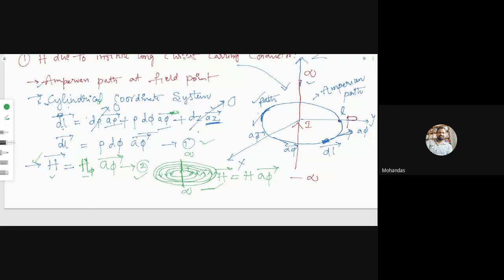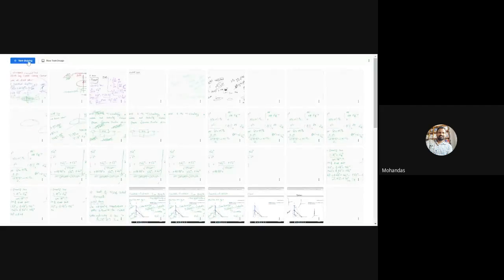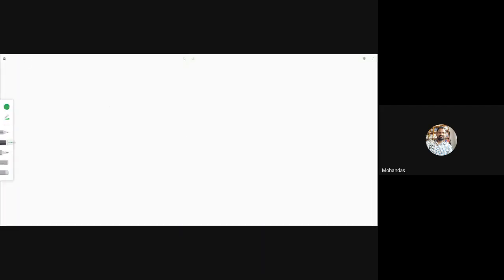Okay, again I will repeat here. See, that is the reason why I am asking you. Children, what I am trying to say is that this is our straight conductor. We are applying Ampere's circuital law for an infinite conductor, which extends from minus infinity to plus infinity and carries a current I. From Biot-Savart's law, we calculated the magnetic field intensity H. By using the thumb rule also, you can find the magnetic flux lines.